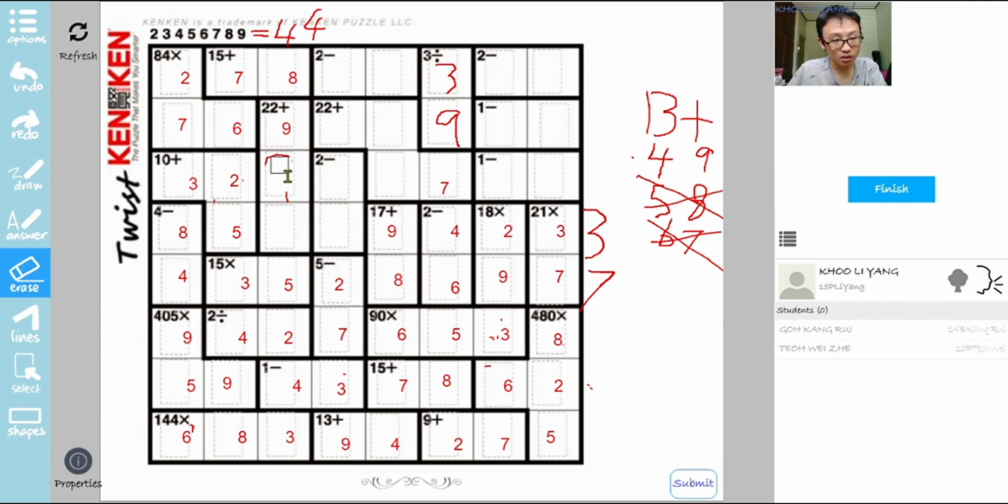So only 6 and 7 are left. Since 7 is in this row, 6 will be here and 7 will be here. The only number left in this row is 6. So 6 is here.